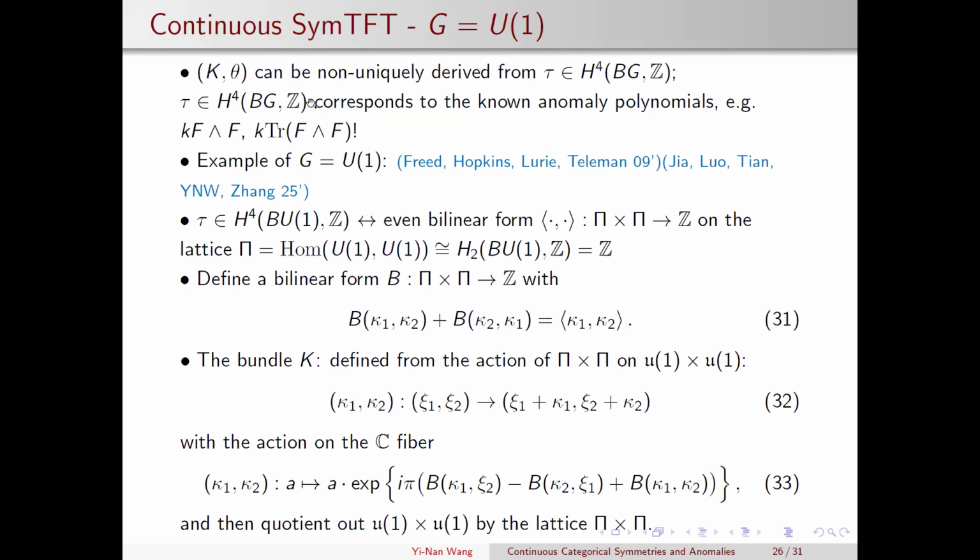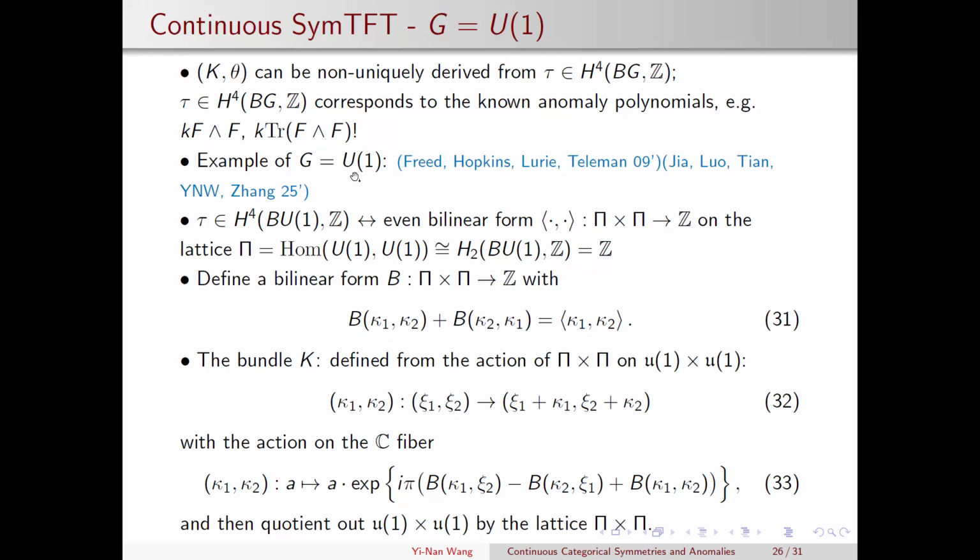And we all know, as in the first part of the talk, that the H^4(BG, Z) element, like a τ element, perfectly corresponds to our physical anomaly polynomials, like k times F∧F, or k times trace F∧F with proper normalization factor, and the little k is an integer. When k is equal to 0, then τ is just a trivial element here. It means no anomaly. But when k is non-zero, it means there is an anomaly. So this is a very good hint that Sky^τ(G) may be the correct thing for our purpose.